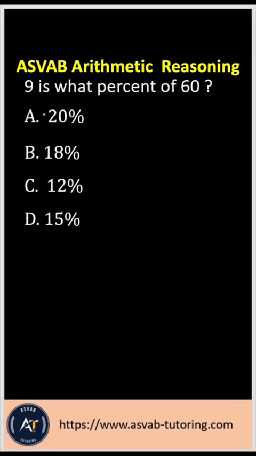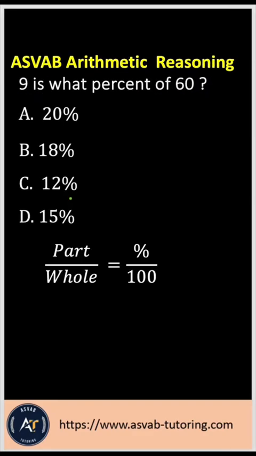The question asks, 9 is what percent of 60? This is a percentage-related problem. If you see a problem like that, you have to find the percent, and you can use a formula. This is a powerful formula: part over whole equals percent over 100. Now which number goes where?